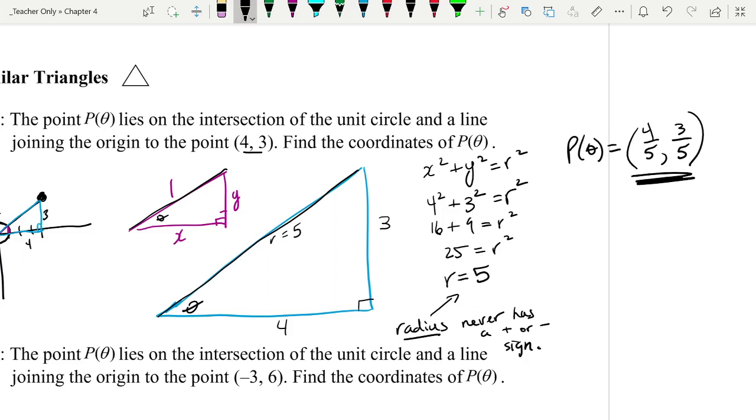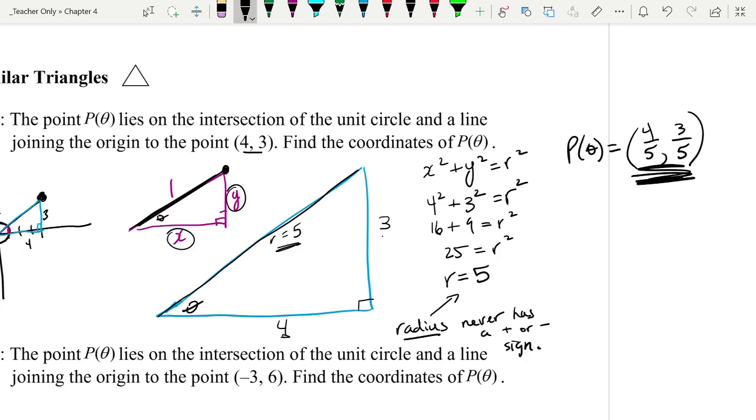So if I divide this radius line by 5 to get this line, well then 3 divided by 5 will be this y, and 4 divided by 5 will be this x. Get it? That's why I know that this point here has to be the point 4/5, comma 3/5. Isn't that a nice, clever way to solve a problem like that?